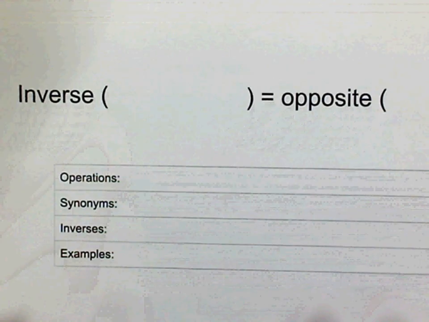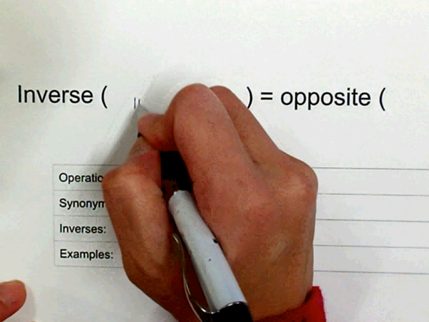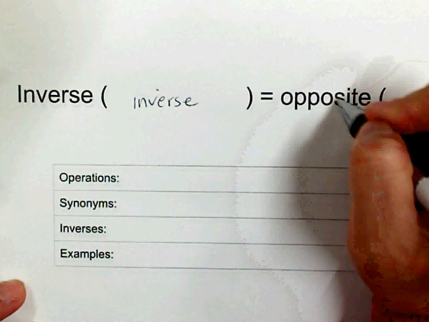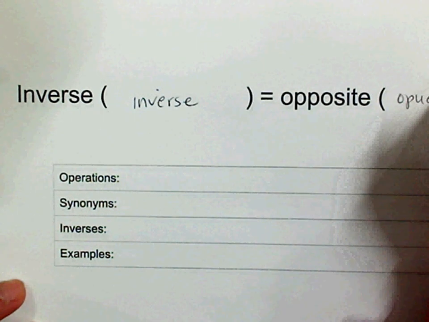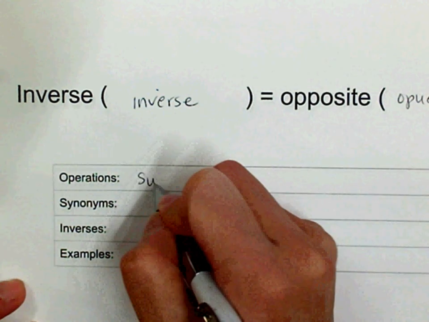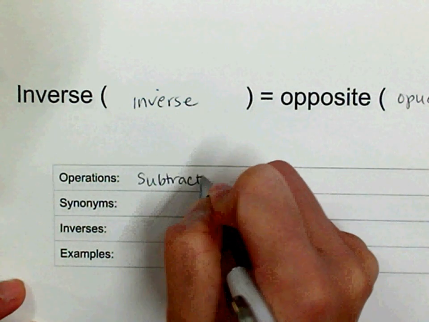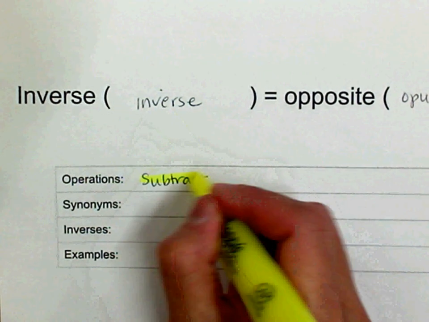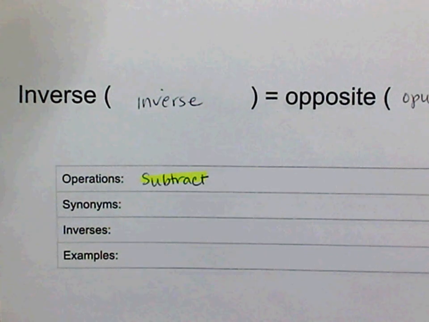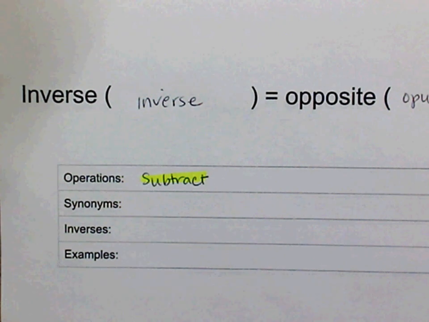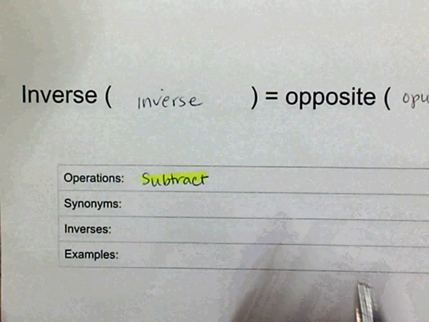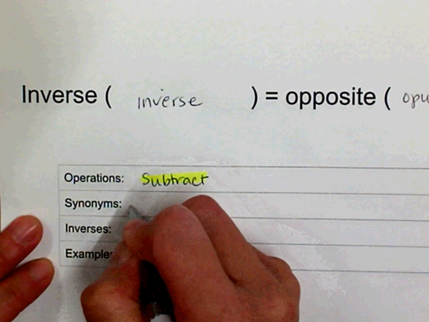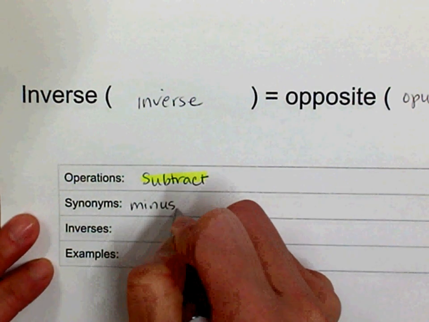The opposite for the next one, or the inverse of the next one that we are going to touch on is the word subtract. Okay, so the word subtract. For subtraction, the following are synonyms. Minus, that's the most common one.